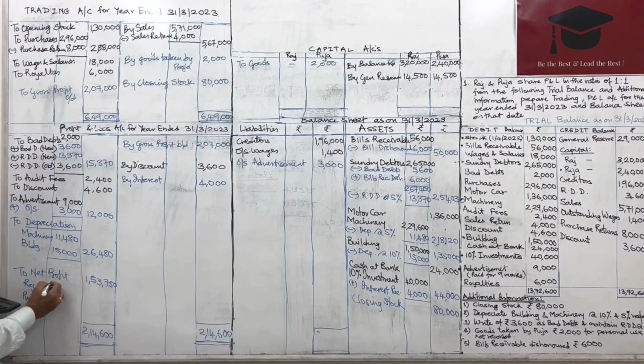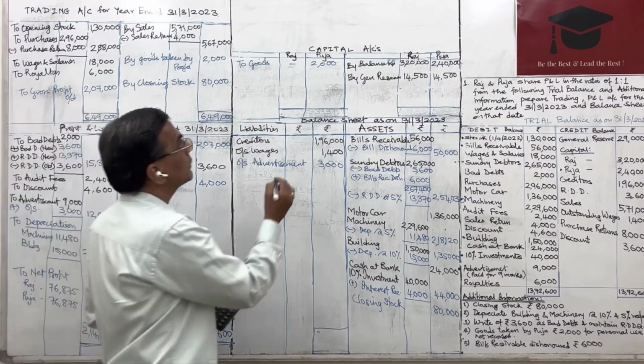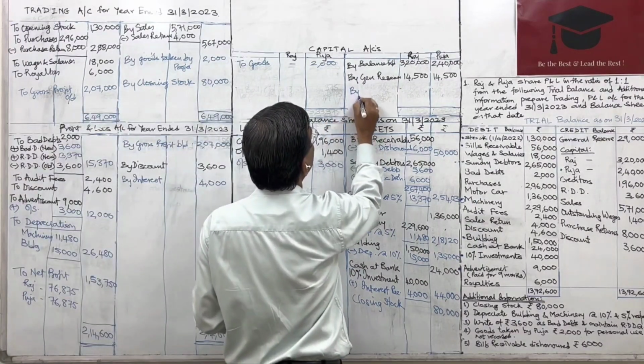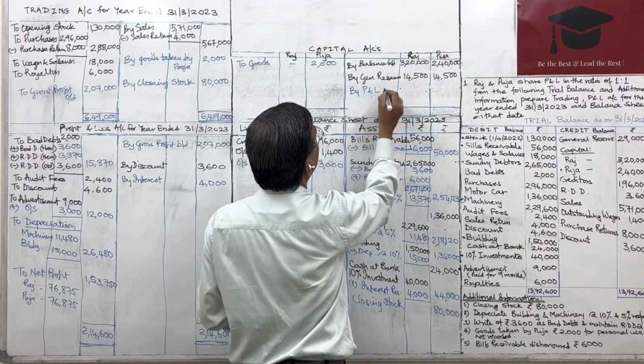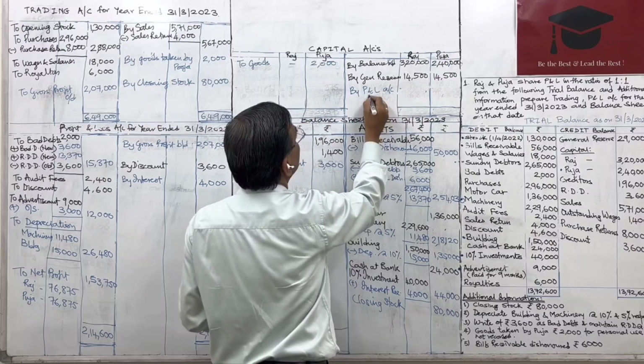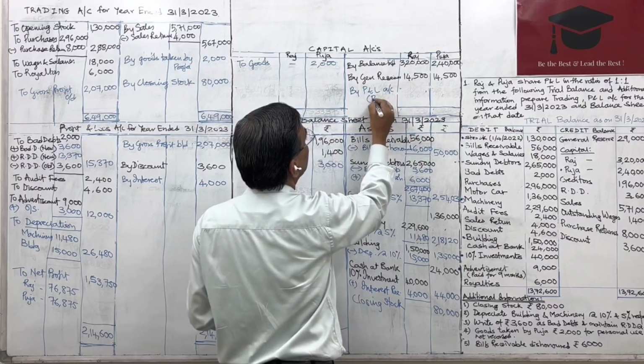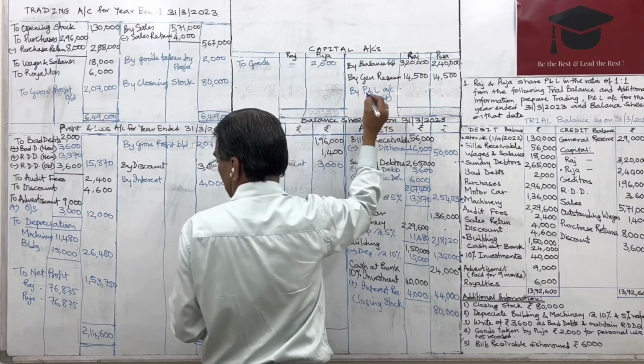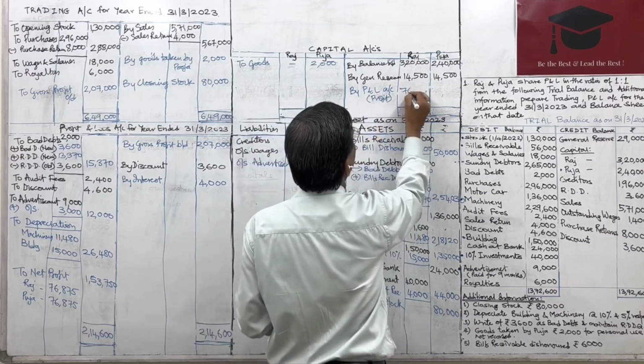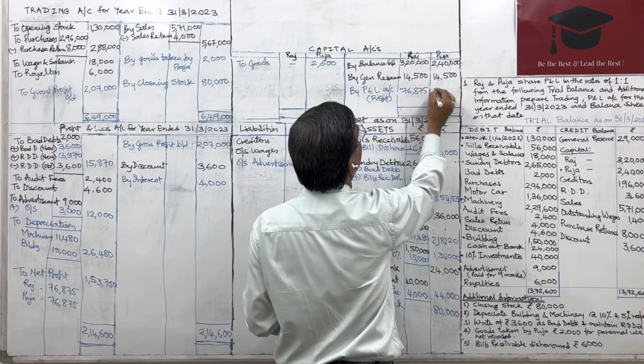So 76,875. So we transfer it to their capital account, credit it to their capital account. We write there by profit and loss account, profit 76,875.